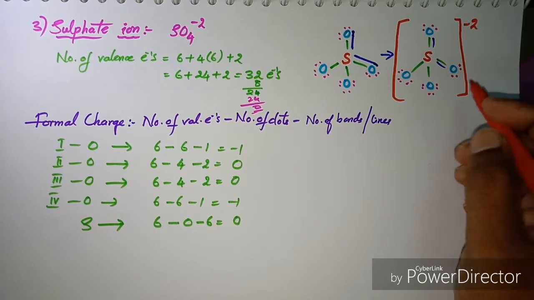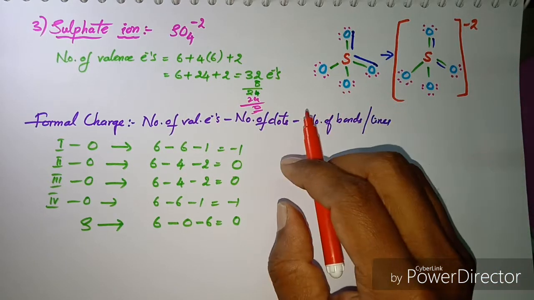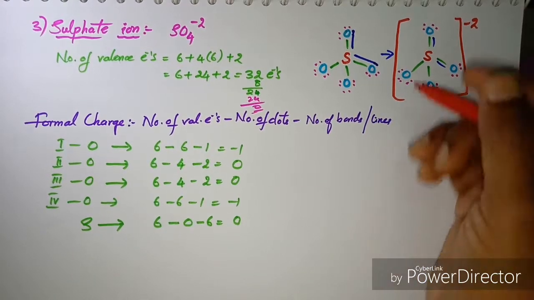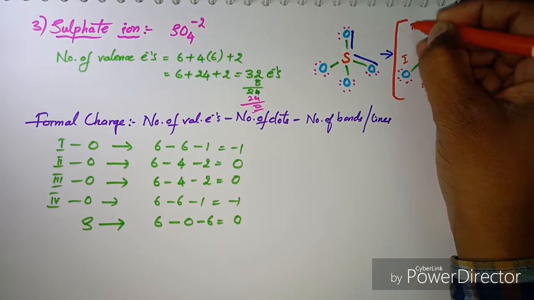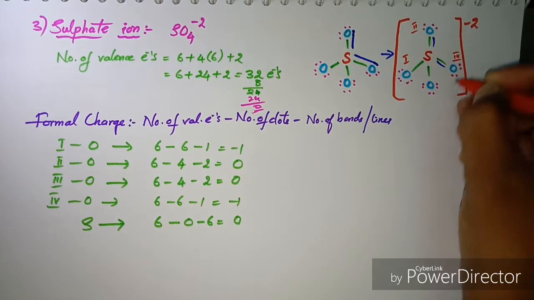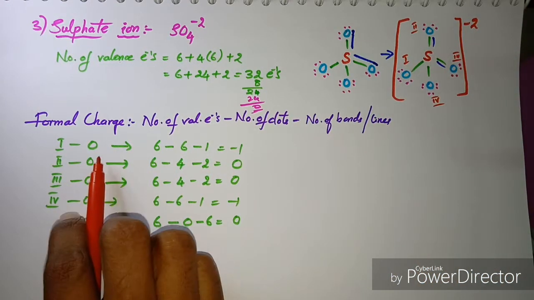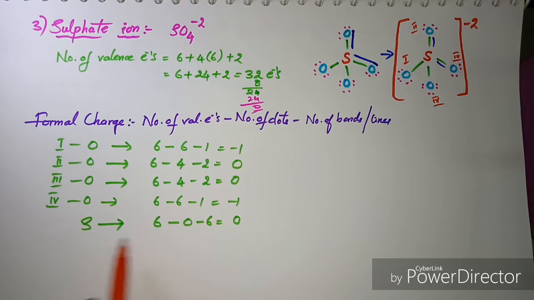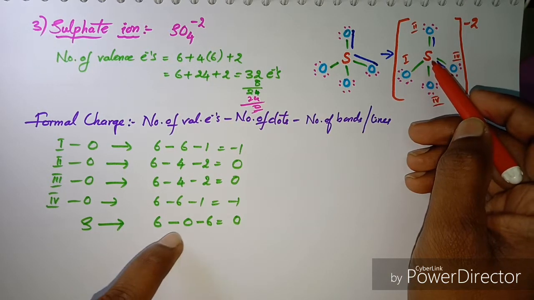Now calculating its formal charge. So first we have to designate the oxygen atoms. So let us designate this oxygen atom as the first oxygen atom, this as the second oxygen atom, this as third, and this as the fourth oxygen atom. So now here we come to know what are their respective charges. Finally, the sulfur atom. Sulfur atom, valence electrons are 6, and number of dots?